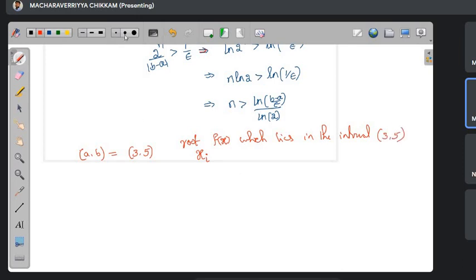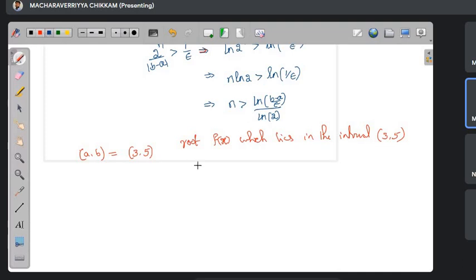This f of x is some arbitrary function, not the same as the earlier function, which has a root in 3 comma 5.